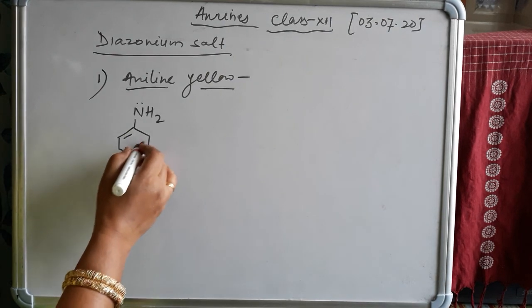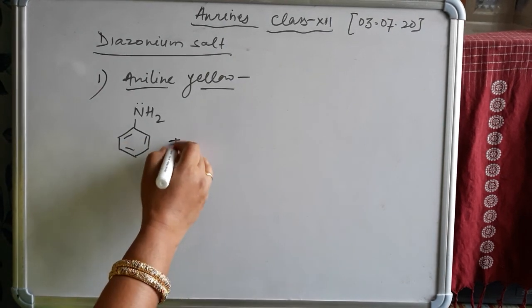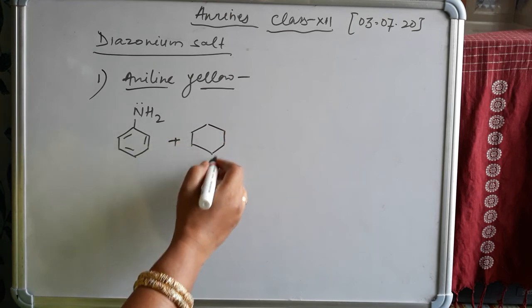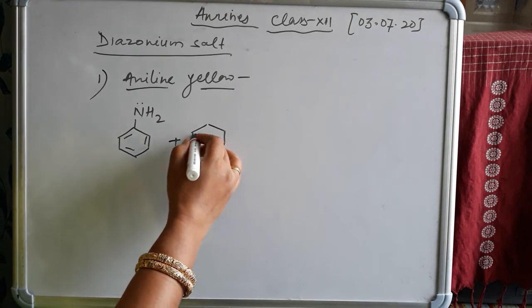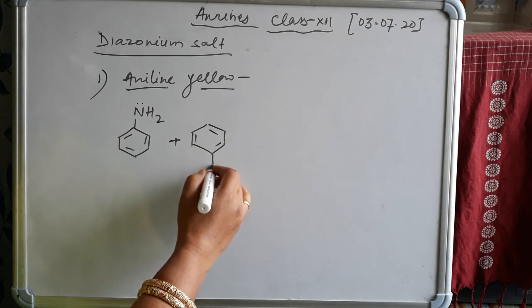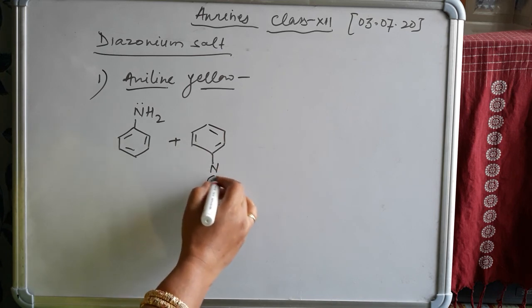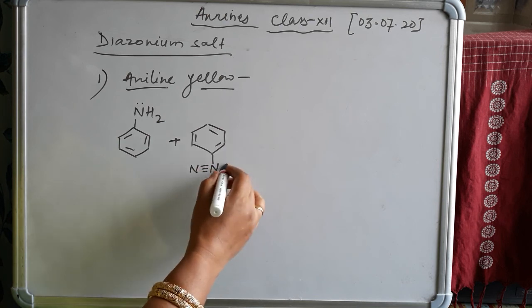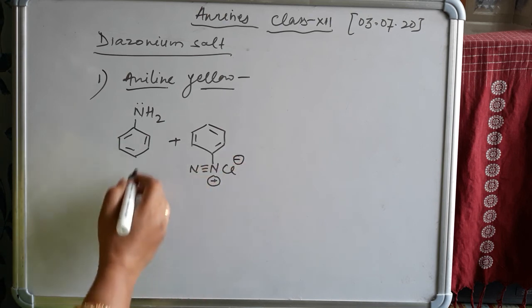Aniline, this pi bond, and benzene diazonium chloride, with positive charge, triple bond, and Cl negative charge.